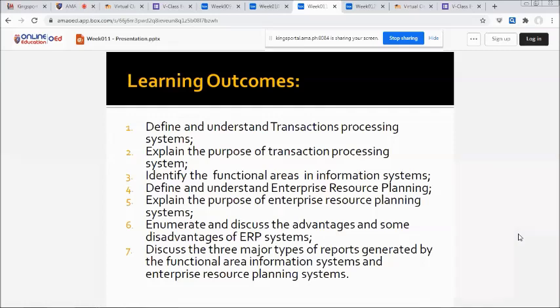Fifth, explain the purpose of enterprise resource planning systems. Sixth, enumerate and discuss the advantages and some disadvantages of ERP systems. Seventh, discuss the three major types of reports generated by the functional area information systems and enterprise resource planning systems.